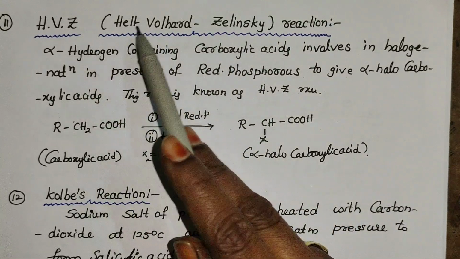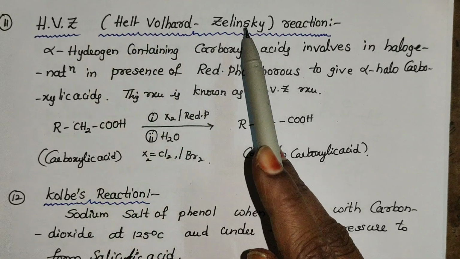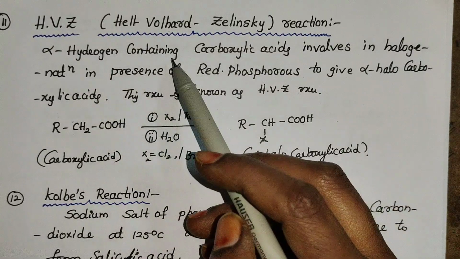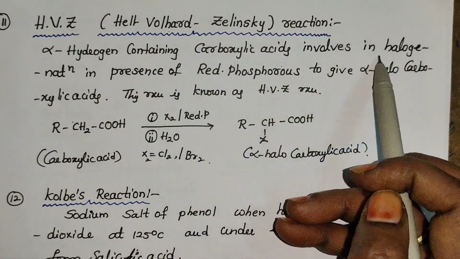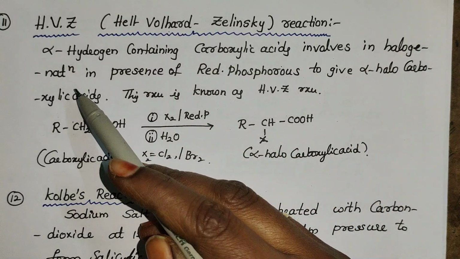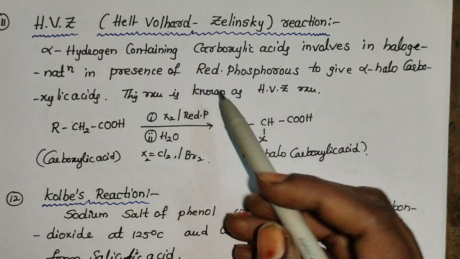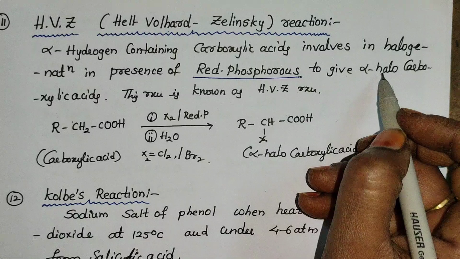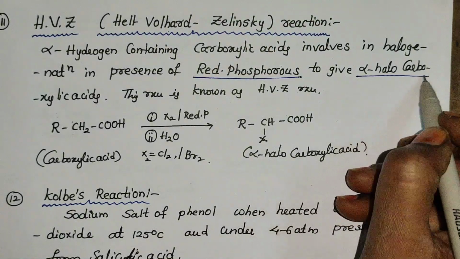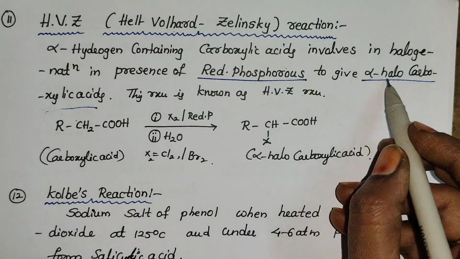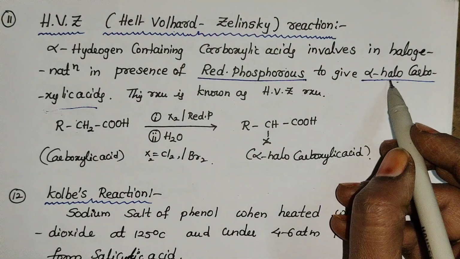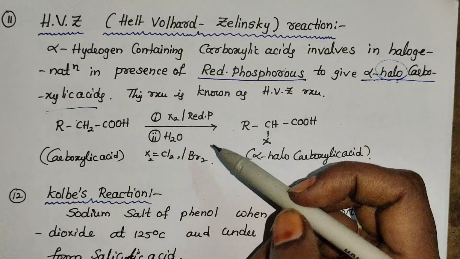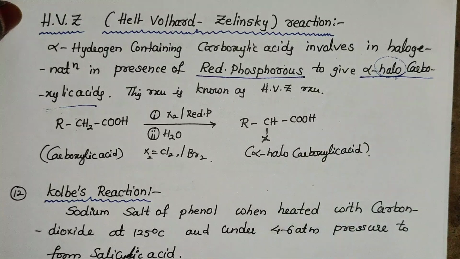H is Hell, V is Volhard, Z is Zelinsky. Here, a carboxylic acid containing alpha hydrogen undergoes halogenation in the presence of red phosphorus and gives alpha-halocarboxylic acids. The alpha position contains a halogen atom. That is known as the HVZ reaction.